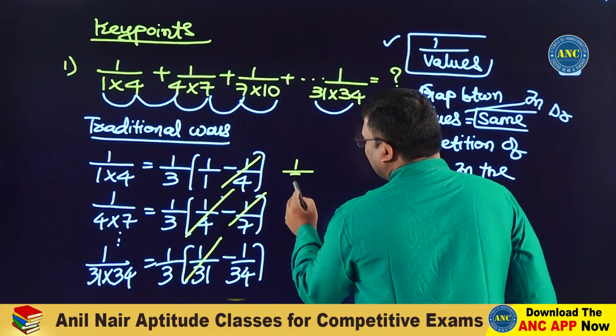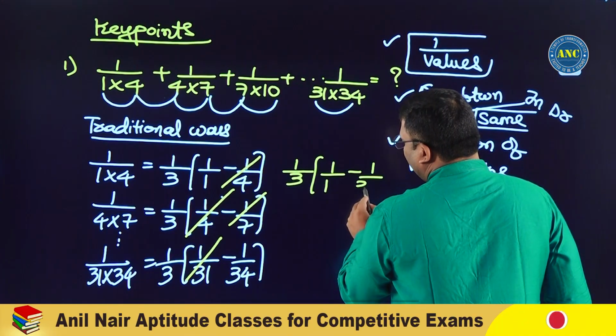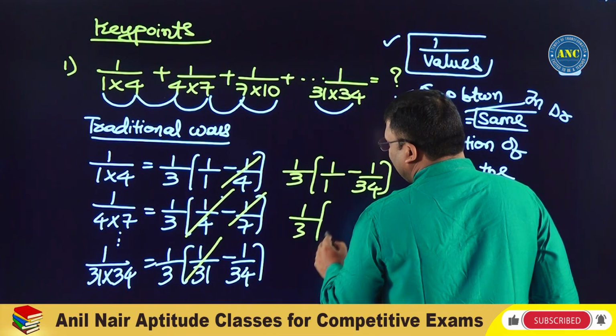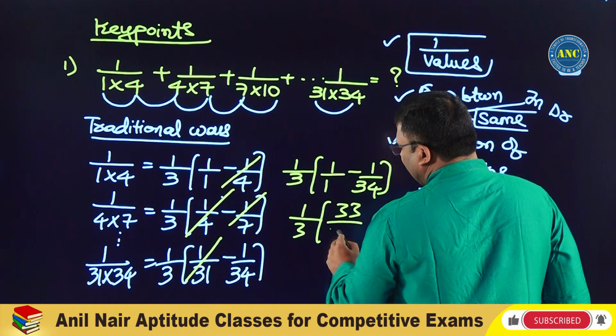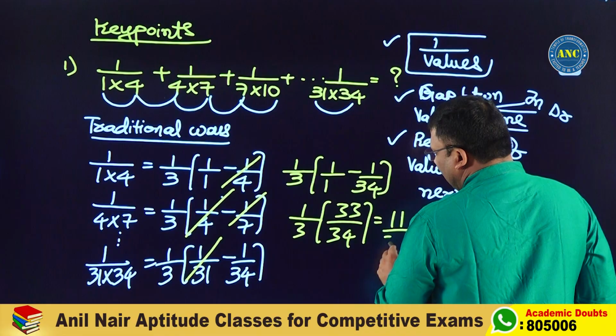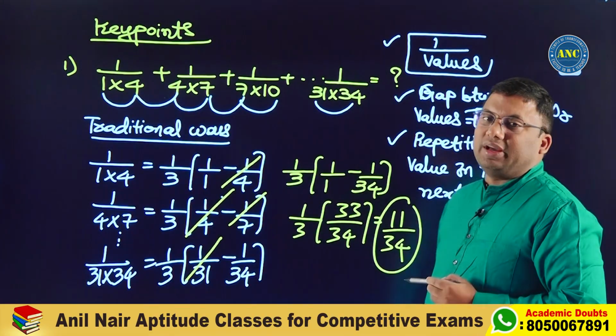So what is the answer we got? 1 by 3 into 1 minus 1 by 34. 34 minus 1 is 33, so 33 by 34, and the answer for this question is 11 by 34.